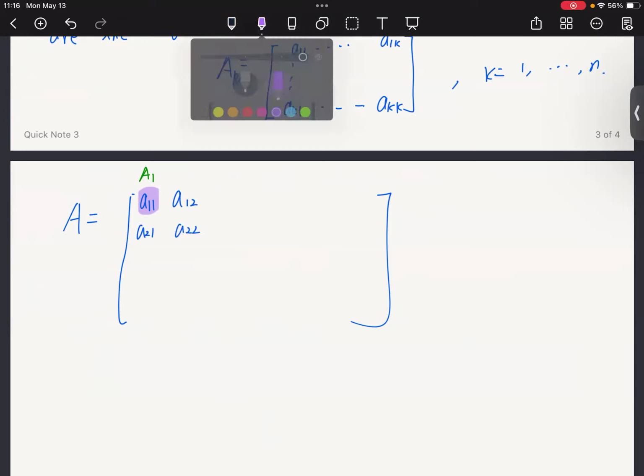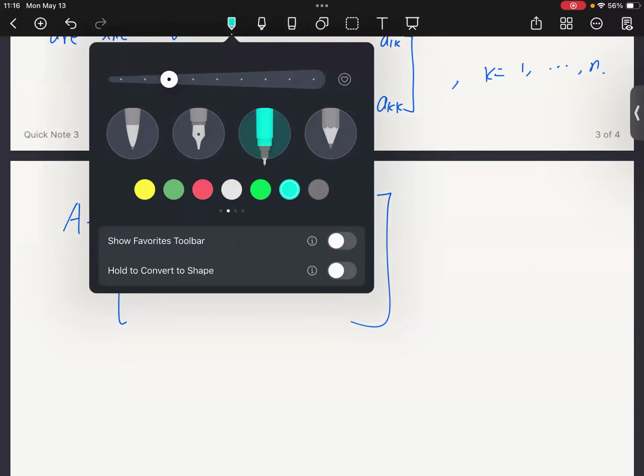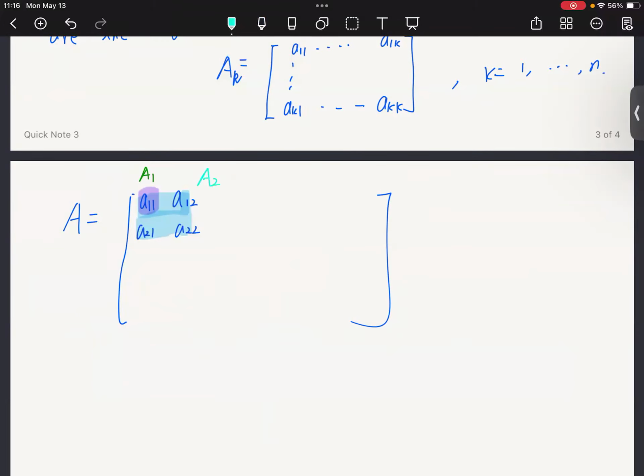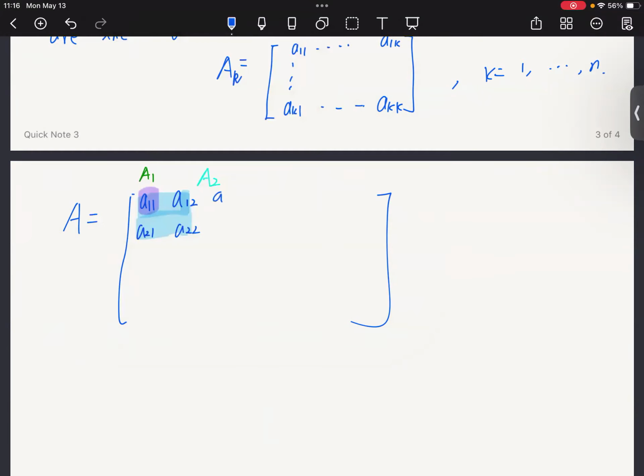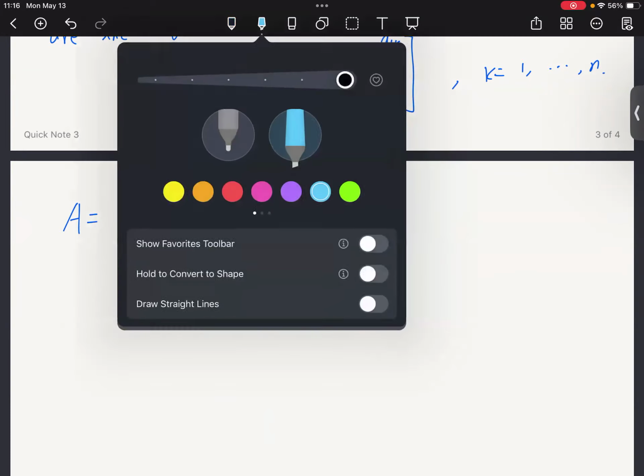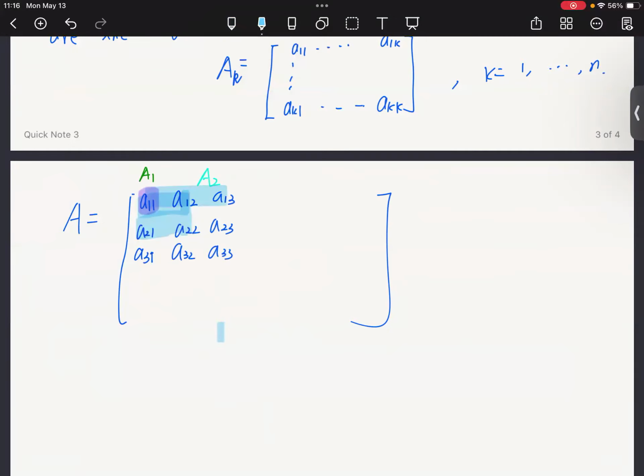This top left part is the A2 submatrix. And so on, you have A3 here, with A13, A23, A33, A32, A31, and this is your A3 submatrix.